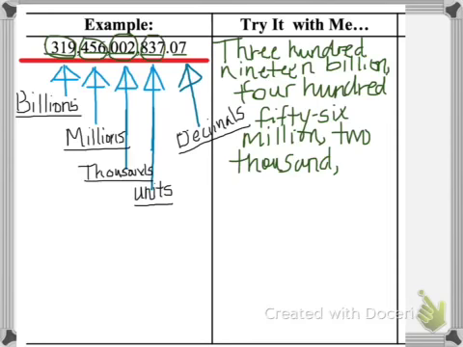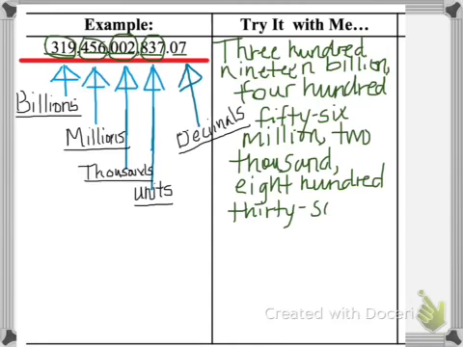The last grouping is 837. Since it's in the units, you don't actually have to state that it's in the units.